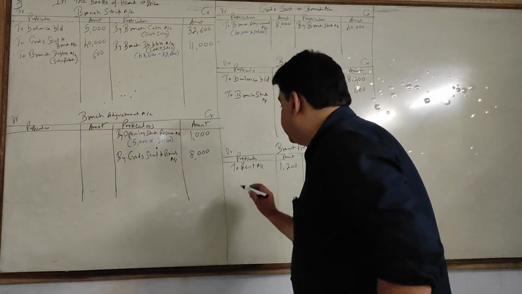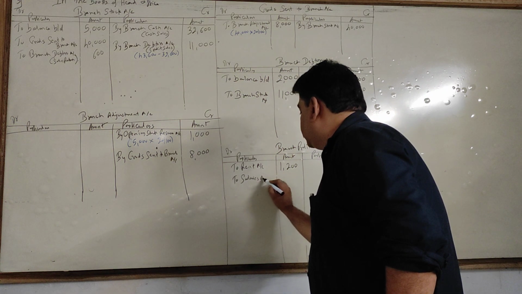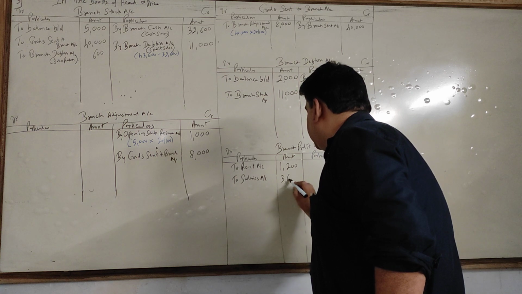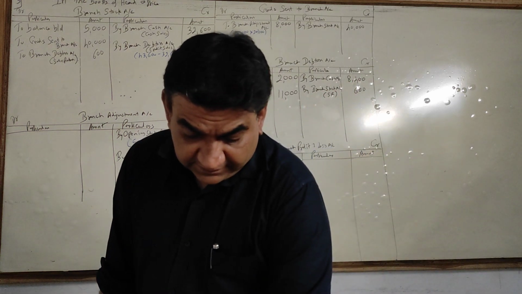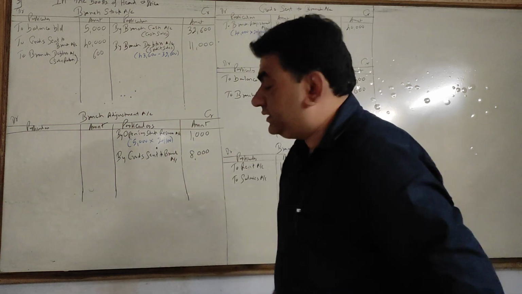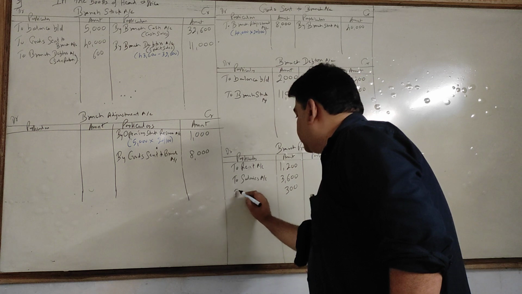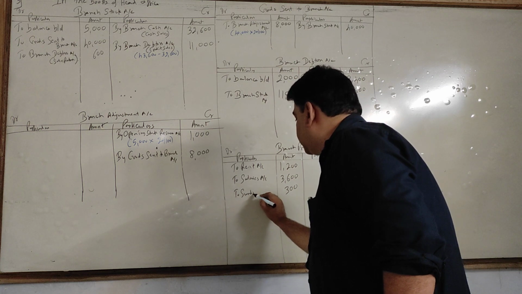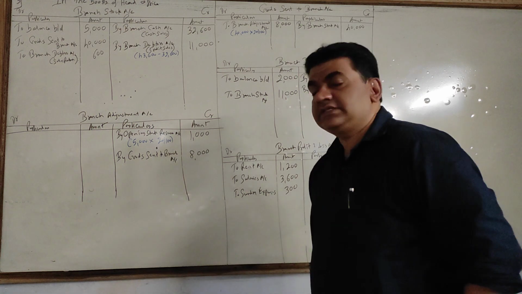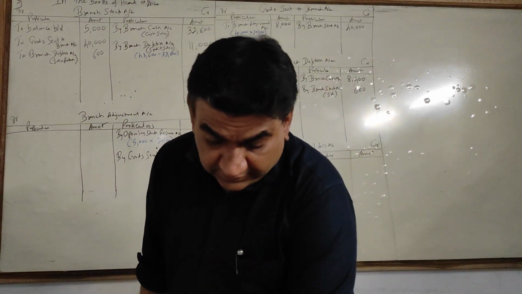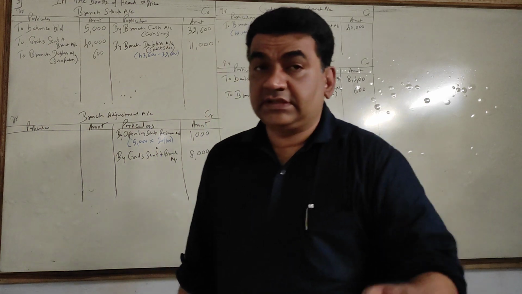Next, salaries 3,600. So to salary account 3,600. Next, 300, to sundry expenses 300. Next, discount to debtors.